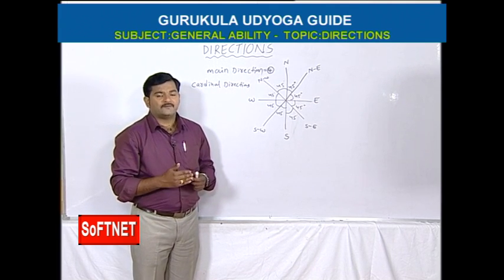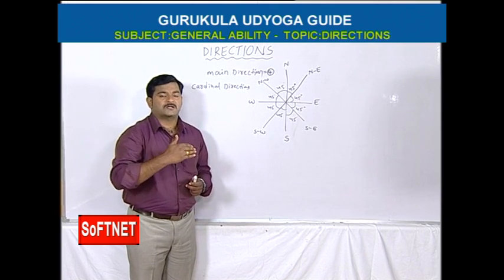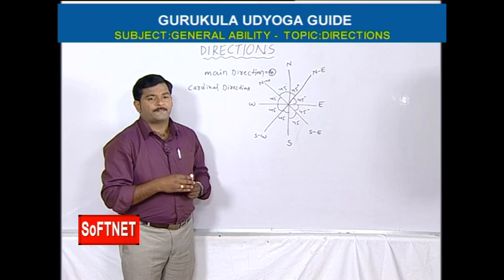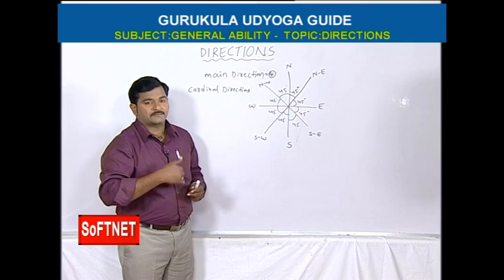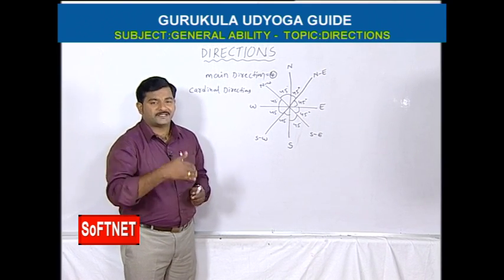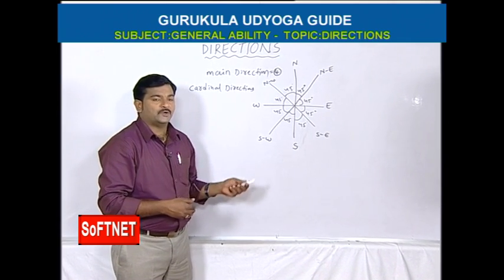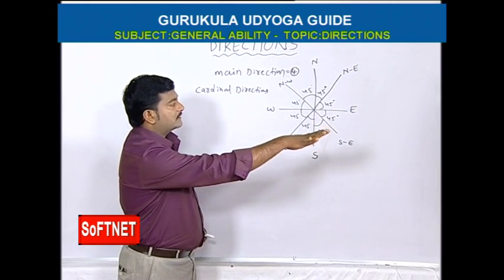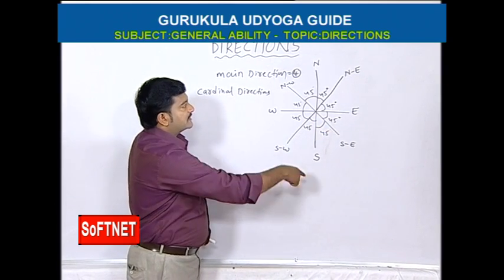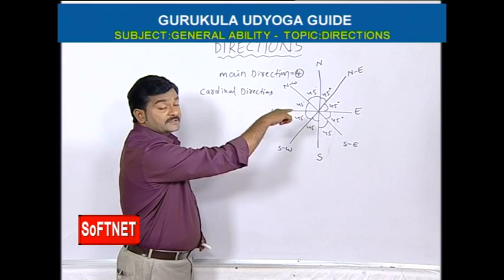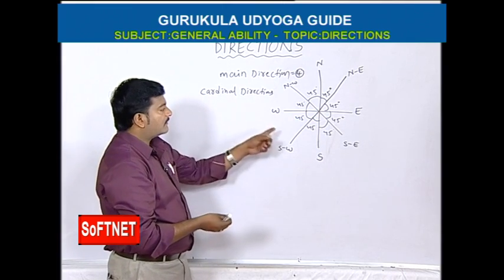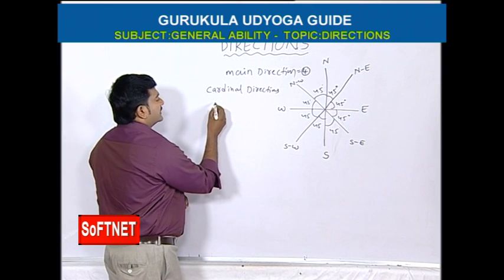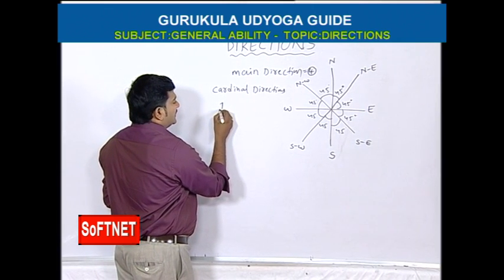I repeat, if the person is facing north, then the direction to his right is east and the direction to his left is west. Think that he is facing towards north, so which direction is right side? East direction. And what about left? West direction.